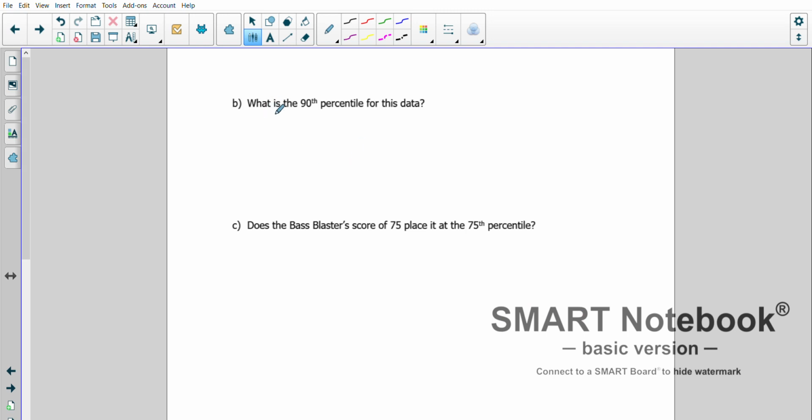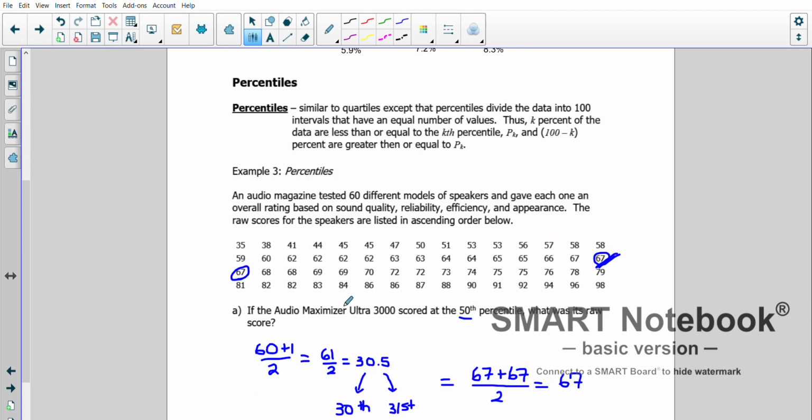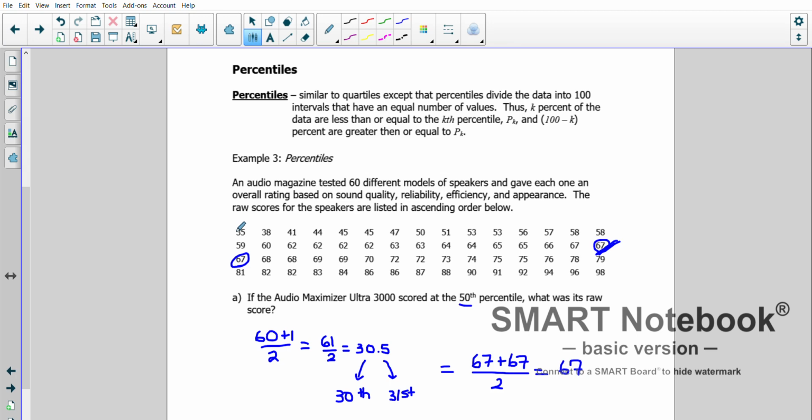So we want the 90th percentile. What we're going to do is take 90% of the 60 data points. So it's going to be the boundary at the 54th value and the 55th value. Going back to our data, we need the 54th data point, which is 15, 30, 45, 46, 47, 48, 49, 50, 51, 52, 53.